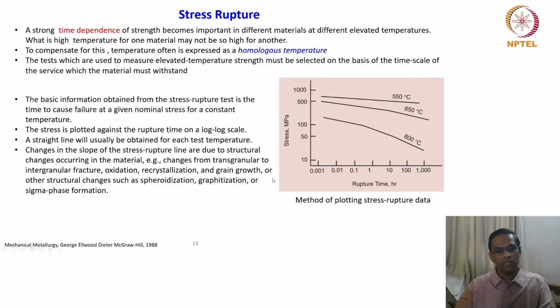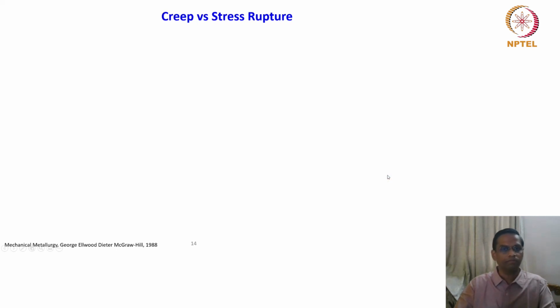Oxidation, recrystallization, and grain growth, or other structural changes such as ferritization, graphitization, or sigma phase formation, and so on, can cause this. So a slope change in the stress versus rupture time data is an indication of something happening in the material.